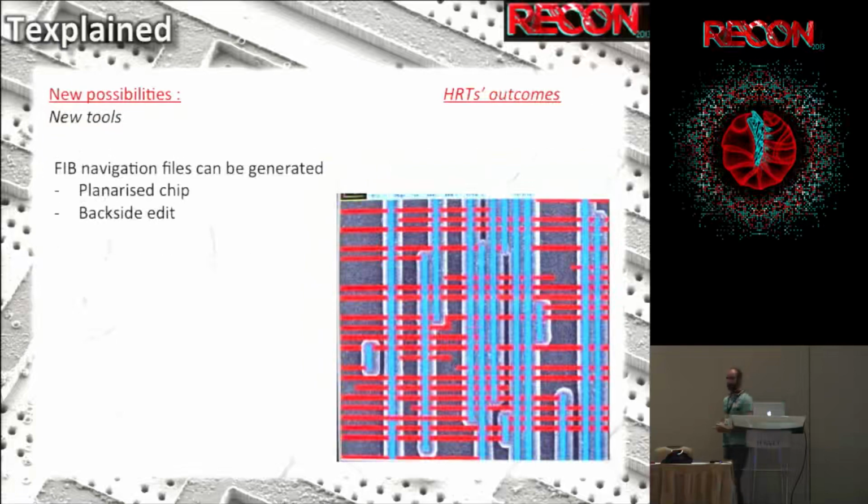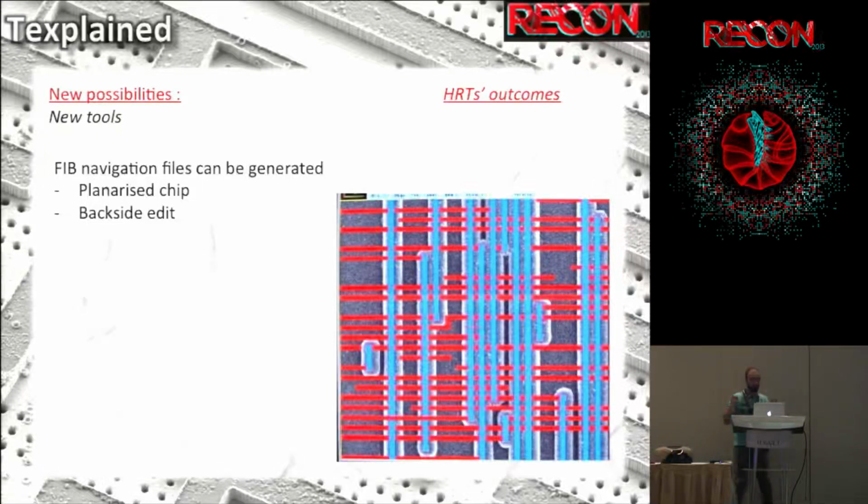Another bonus: as you have all the polygons, you can just create a GDS2 file of your chip and provide it to somebody. So this guy can just take this file, put it inside the focus ion beam, and navigate from it. It's even better because now the chips are planarized on the surface, so it means it's very flat. And if you look at it under the FIB, you see only a dark thing, you see nothing.